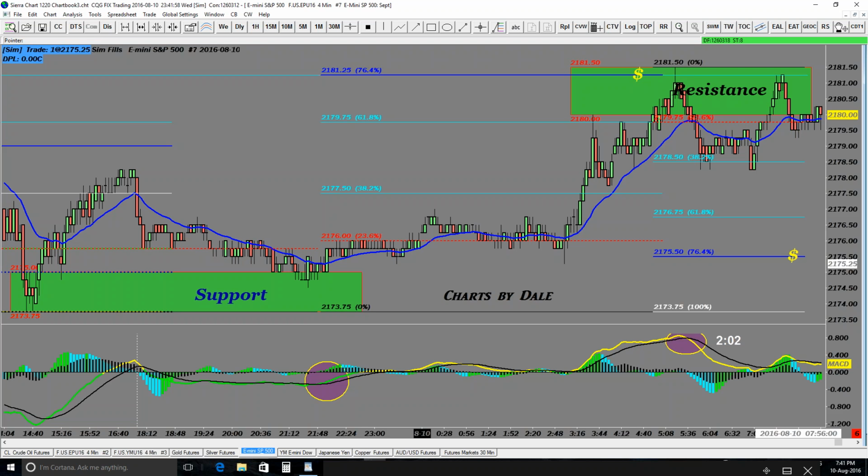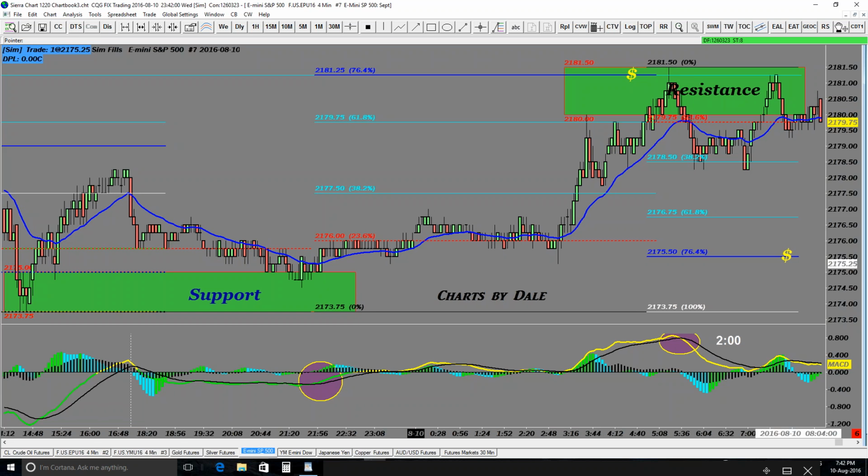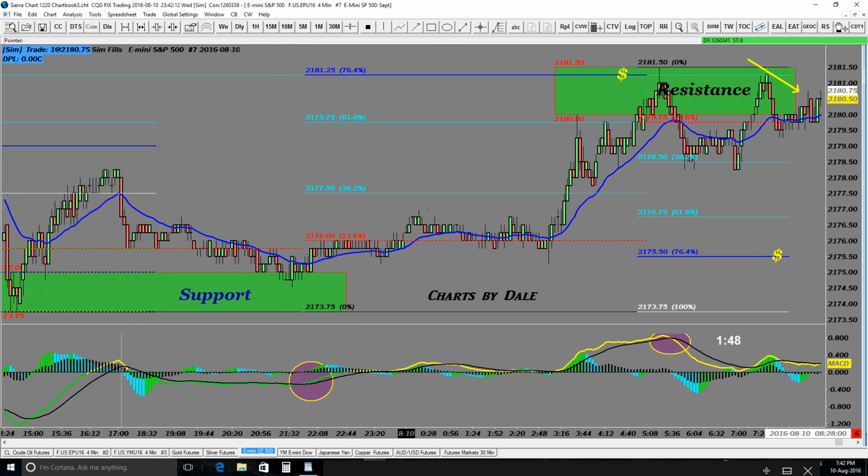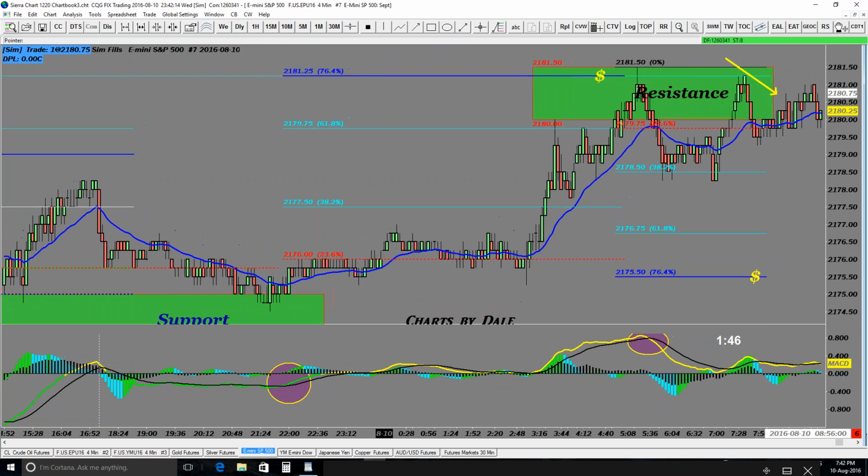So from here, the market retests, and that's your resistance. That's the last little test of the high here. And so this is lower highs. And she was off and running.